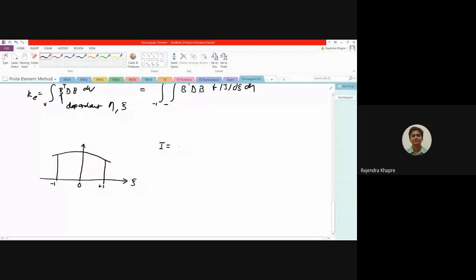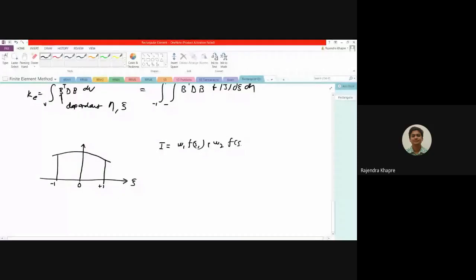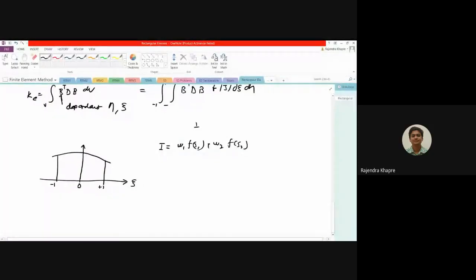Integration was nothing but the area under the curve. So we have gone for something like w1 f of xi1 plus w2 into f of xi2. In short, we have written I is nothing but summation of wi into f of xi.